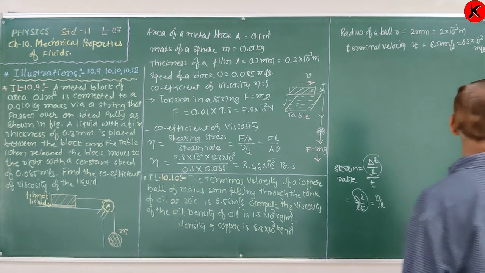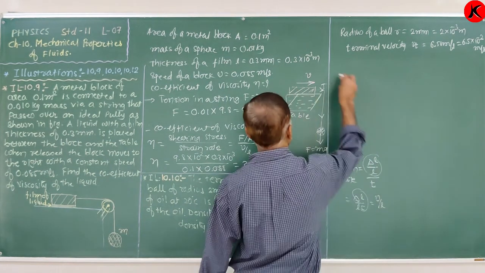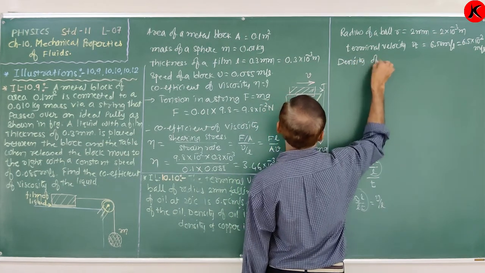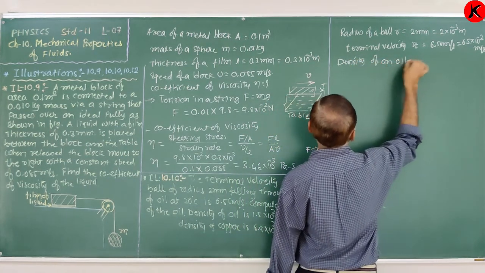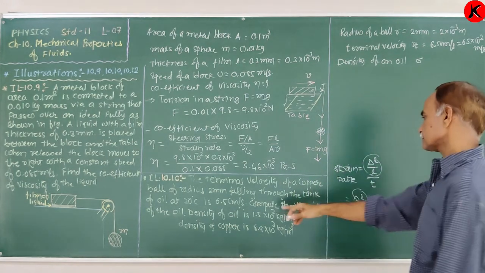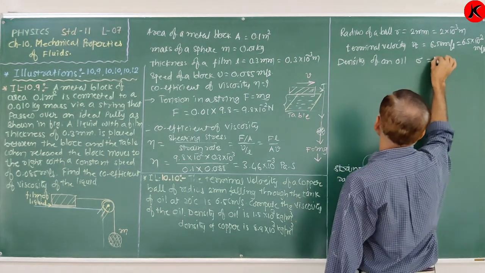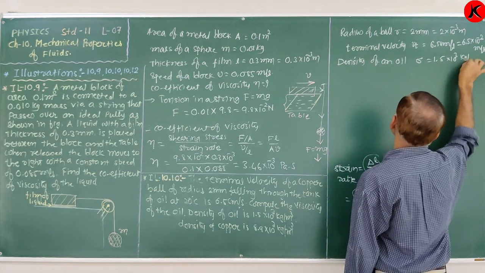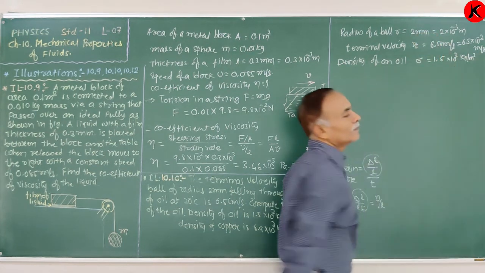The density of the oil is given. The density of oil, sigma, is given as 1.5 into 10 to the power 3 kg per meter cube.